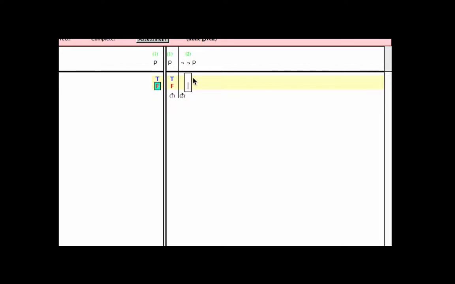Now let's move over to our second sentence. And when we click in the column under the first negation, that is the negation to the immediate left of the sentence P, we're told that we should determine the values by reference to the original sentence P. So why are we determining the values of the negation to the immediate left of P rather than the second negation over?